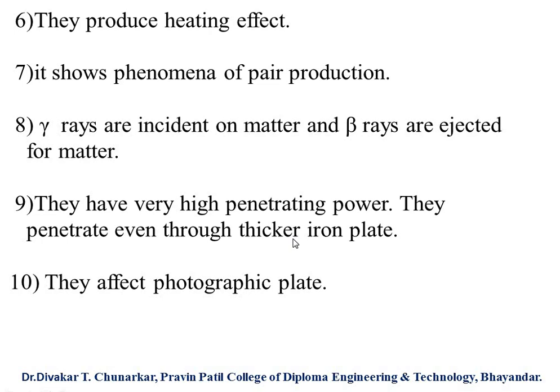It means gamma rays show the phenomenon of pair production: gamma rays incident on matter, and particles are ejected from the matter. Gamma rays have very high penetrating power. They penetrate even through thick iron plates.